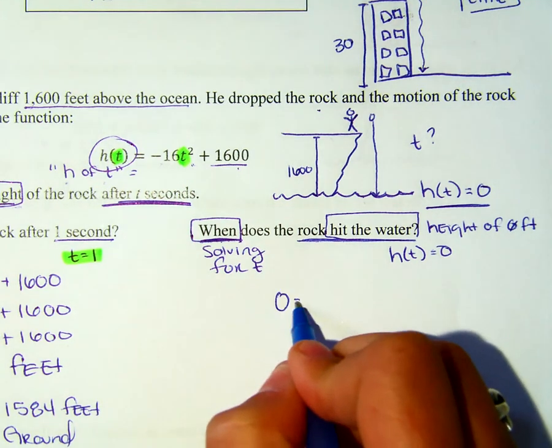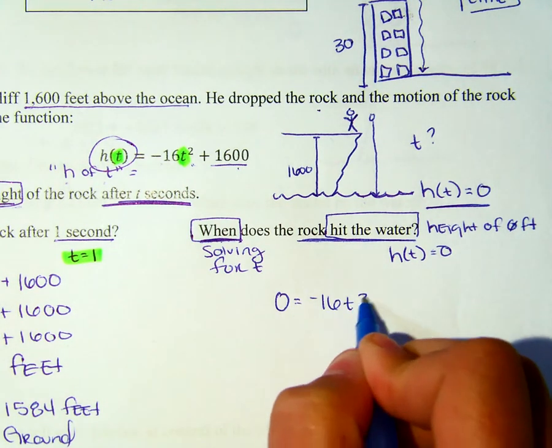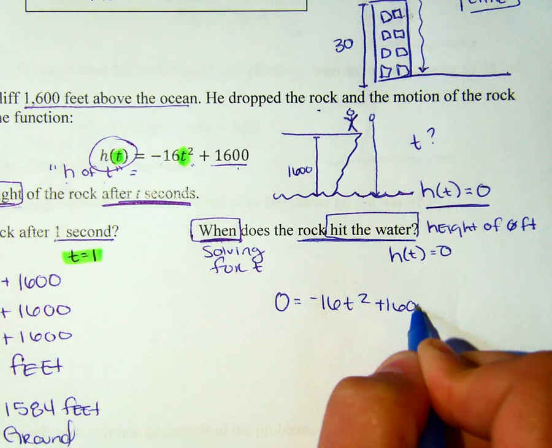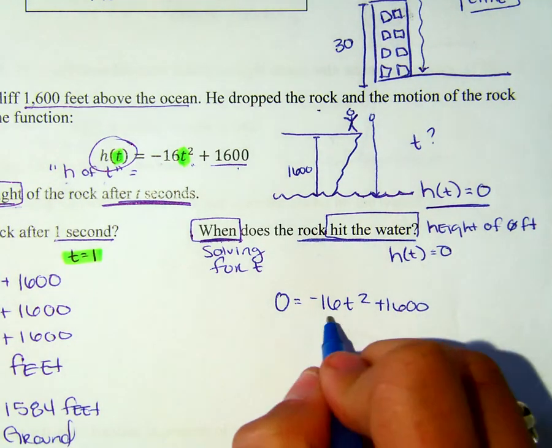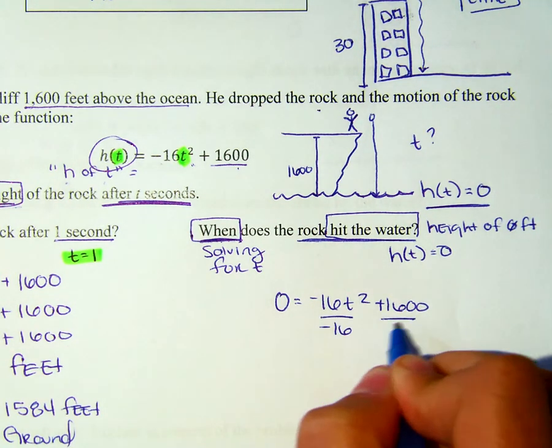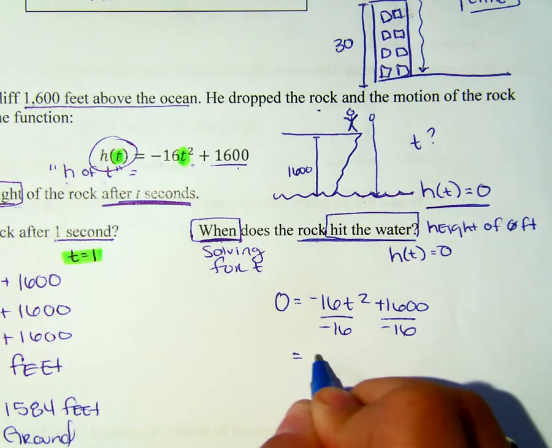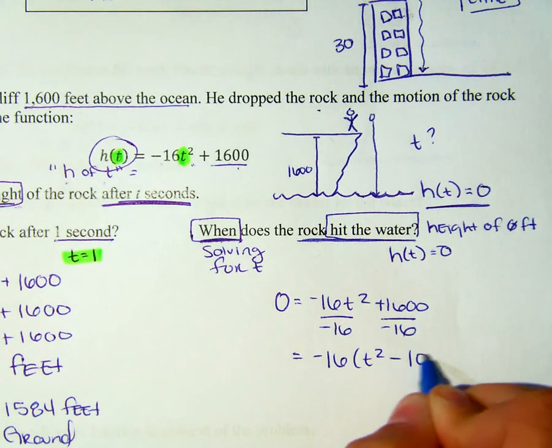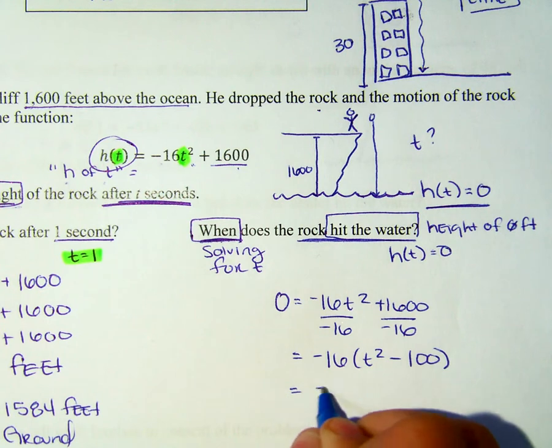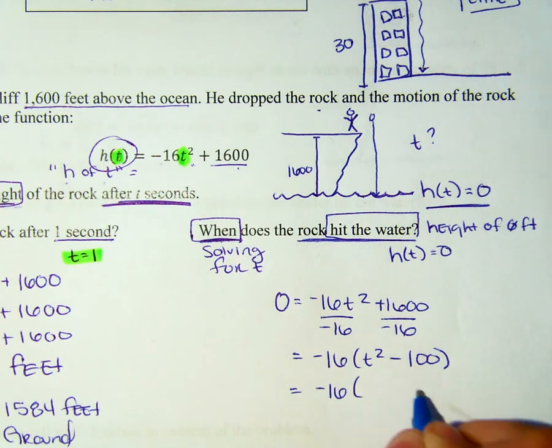So 0 equals negative 16t squared plus 1,600. This is now a quadratic. I can go ahead and factor out the GCF. So negative 16 times t squared minus 100. I'm going to use the difference of squares method.